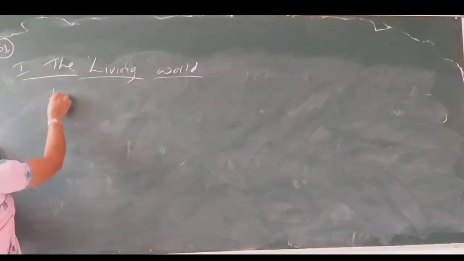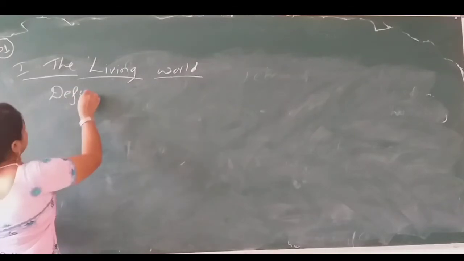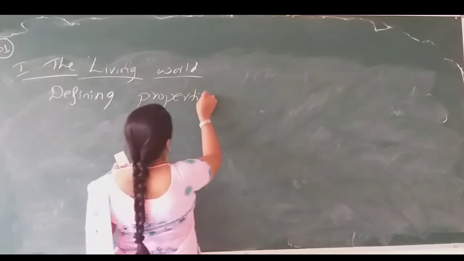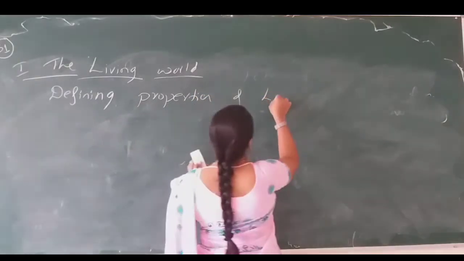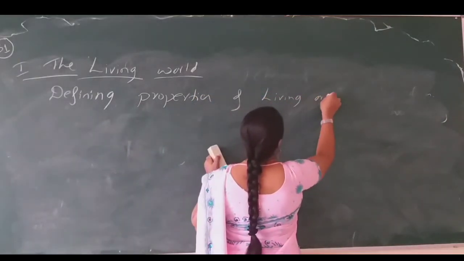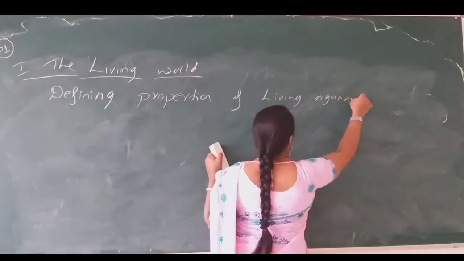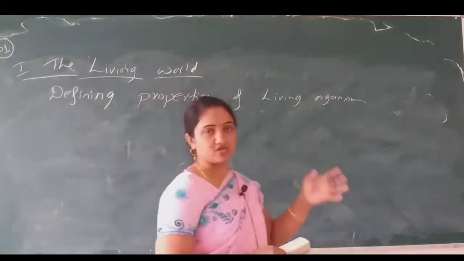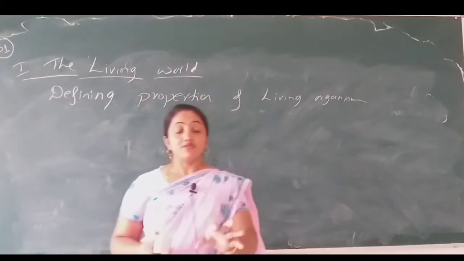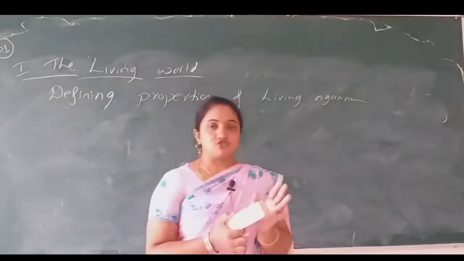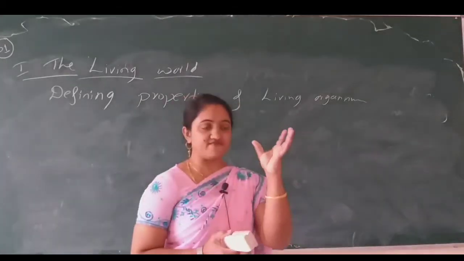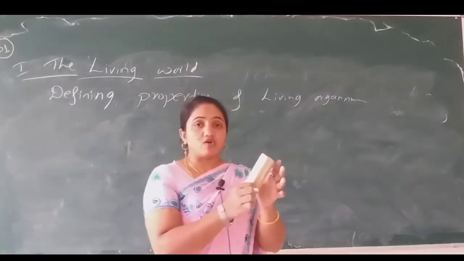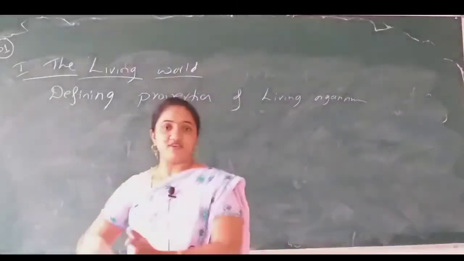The defining properties of living organisms. On the basis of what I told you, the features and all, we cannot assure that if something is growing we can put that property under living organism.